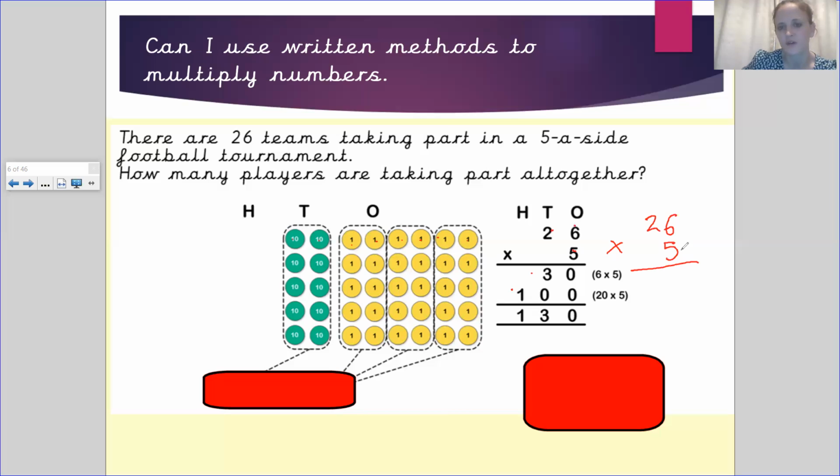I do 5 times 6, which equals 30. Then I do 5 times by 20, which gives me 100. And then I add them together, and 100 plus 30 is equal to 130.